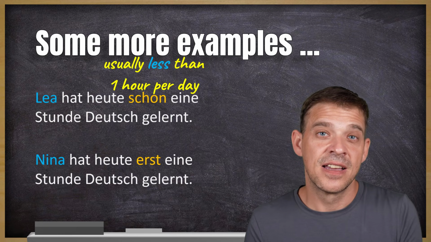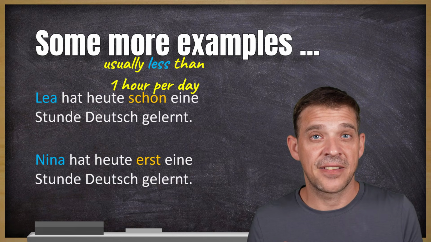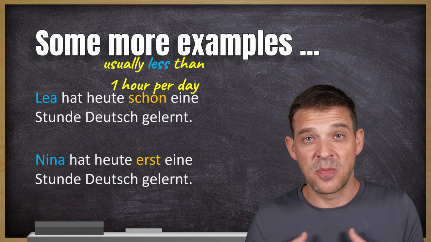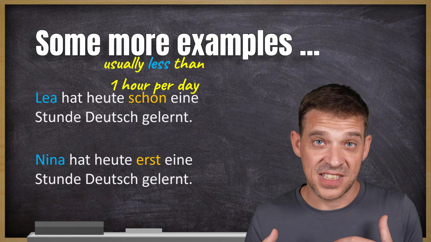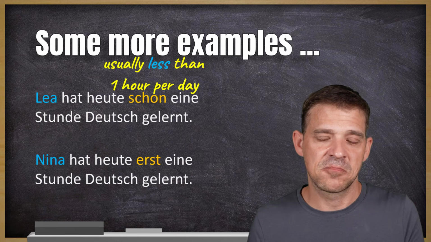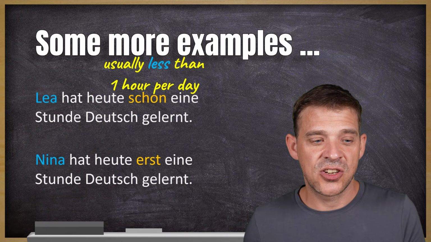So that's why when she studied an hour on a day, I can say, oh, Lea hat heute schon eine Stunde Deutsch gelernt. So for me, and for her as well, it's a lot. So I say already. I want to emphasize, this is great. Nina hat heute erst eine Stunde Deutsch gelernt.